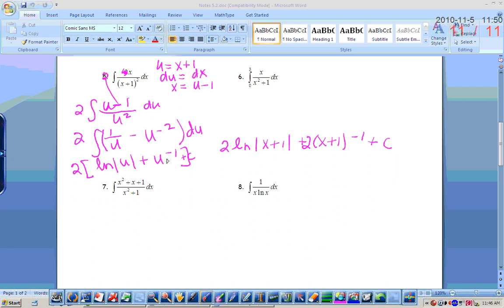Uh-huh. No, well, are you talking about this 2 right here? You're trying to take the derivative. Integrate, you bump the exponent up by 1. So negative 2 is going to go up to negative 1.